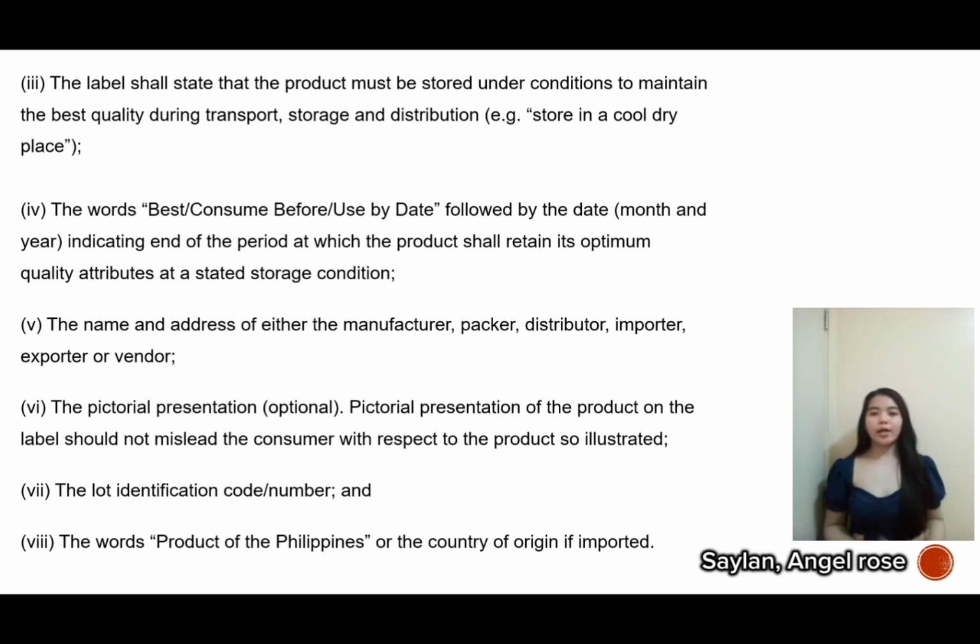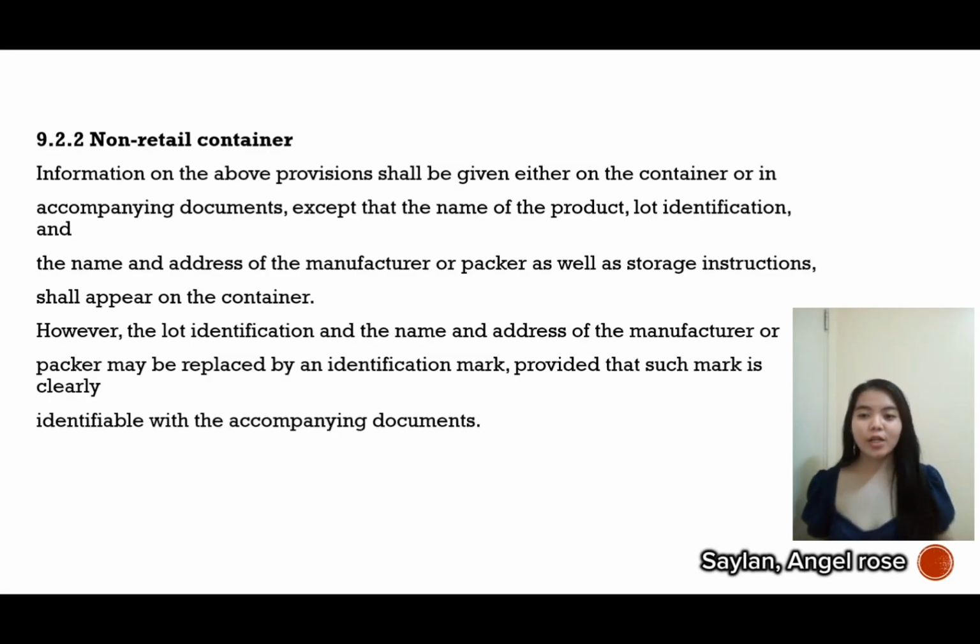Next one is drying. The boiled sea cucumbers are dried under the sun or in industrial dryers until they are completely dehydrated. So here are the uses. First, culinary ingredient.